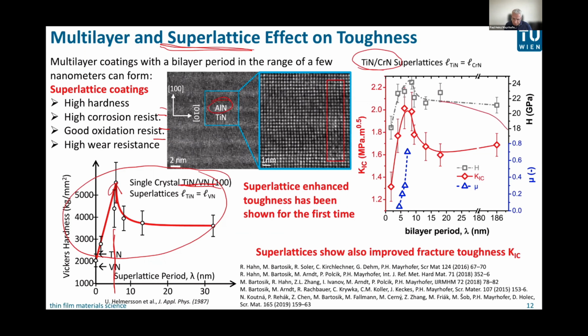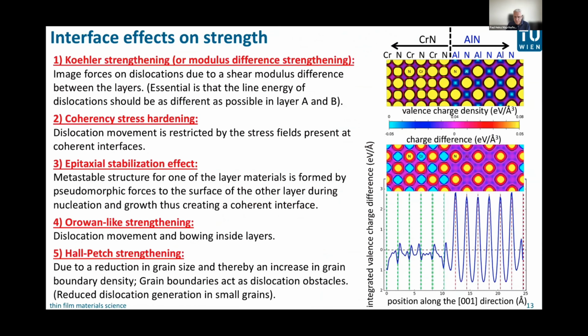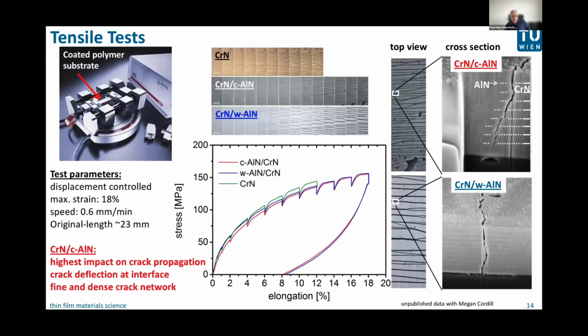This is also effective in increasing K1C at a certain superlattice period, right? And the reason is that dislocations are influenced by coherence stresses, Orowan-like strengthening mechanism, and Hall-Petch strengthening. And that is what I show you here with the metastable structure as well.